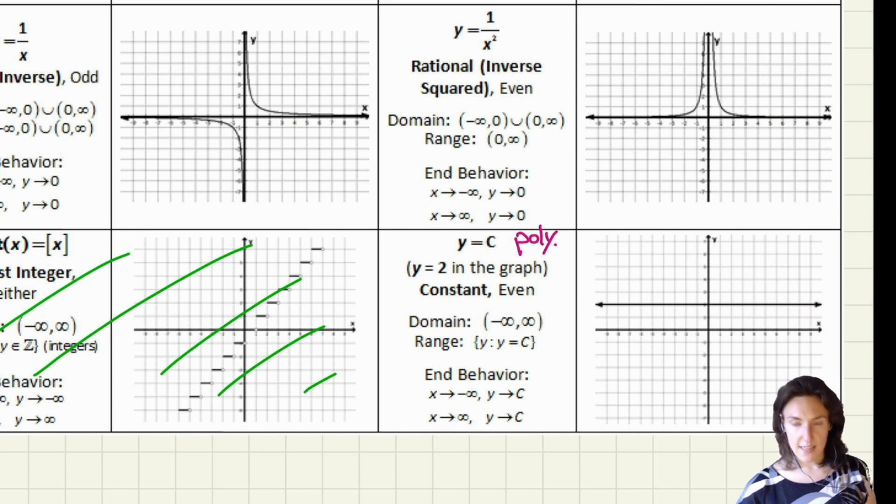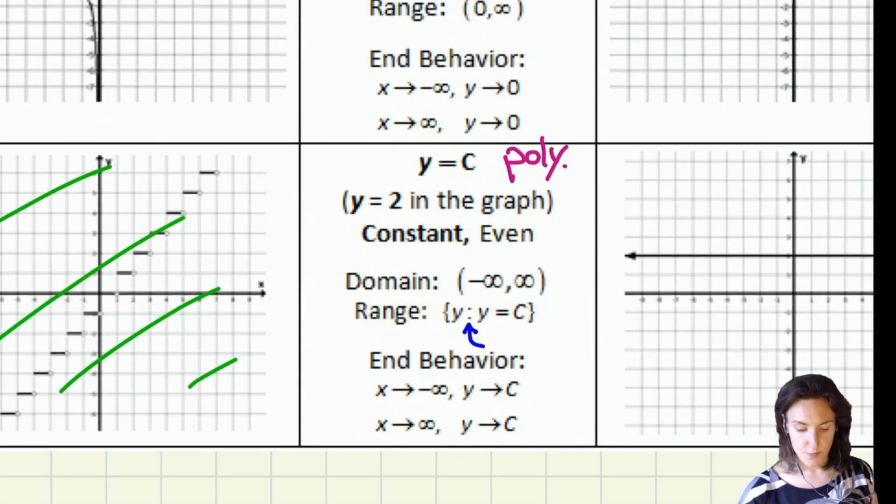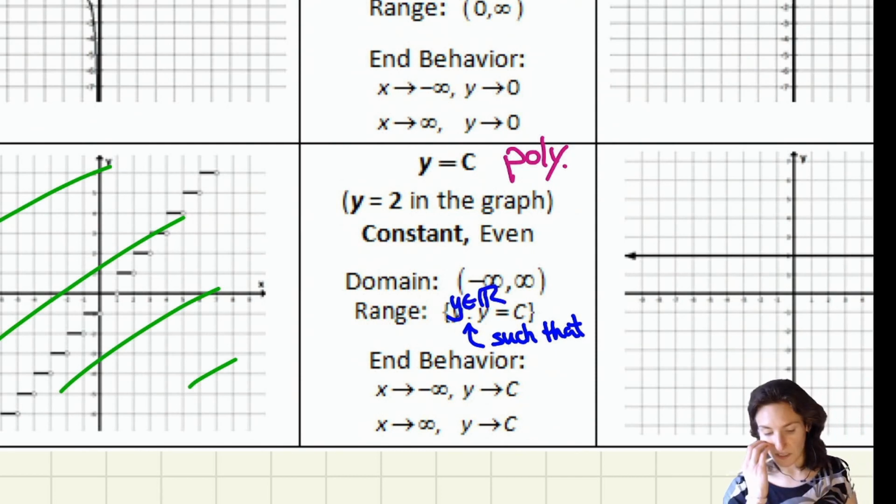And to easily write that in set notation, that's what they're doing here. And these dots here, by the way, just mean such that. Really, what they should be saying is y is an element of R, such that y is equal to c.